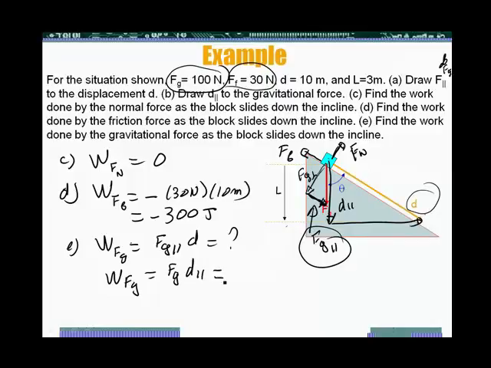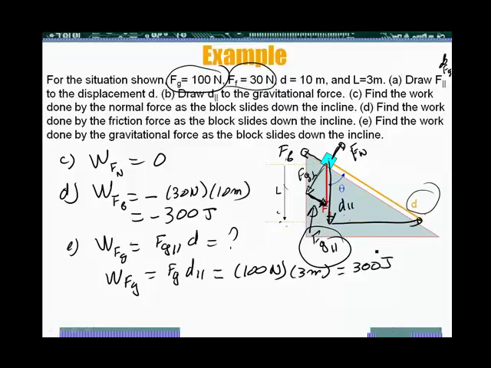Then my equation becomes 100 newtons. They are in the same direction, so it's plus, times, what's d parallel? d parallel is the same as L. Look at them. So it's times 3 meters. So in this case, that would be 300 joules.